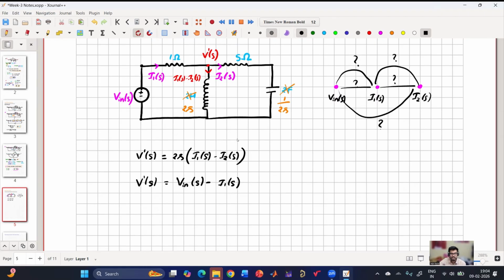Now say I want I1 of S in terms of V in of S as well as I2 of S. So I can substitute V dash of S in this equation, right?